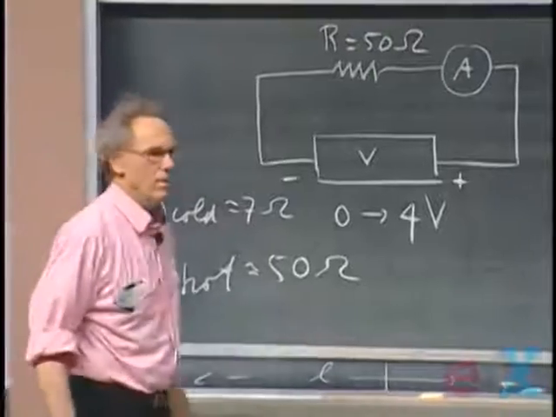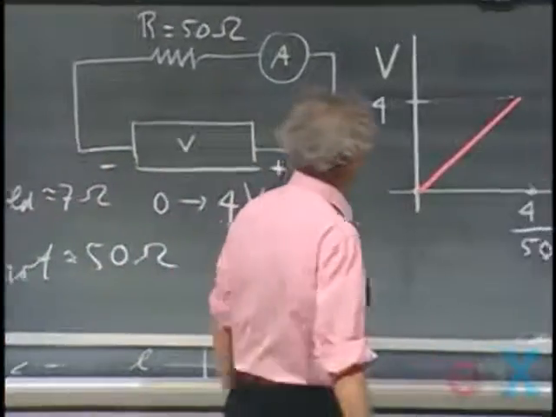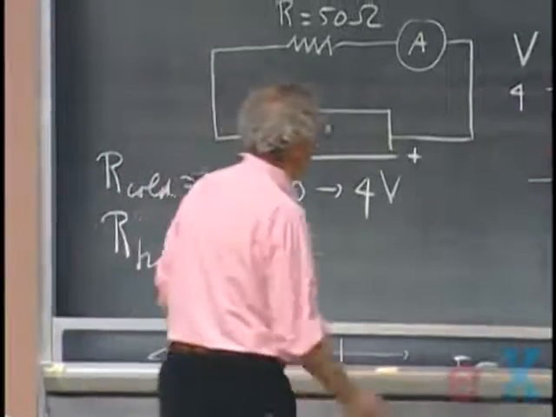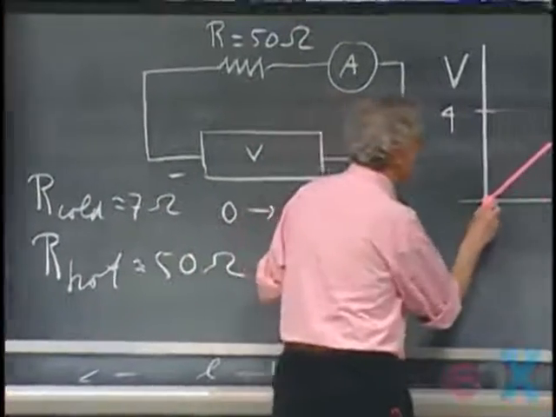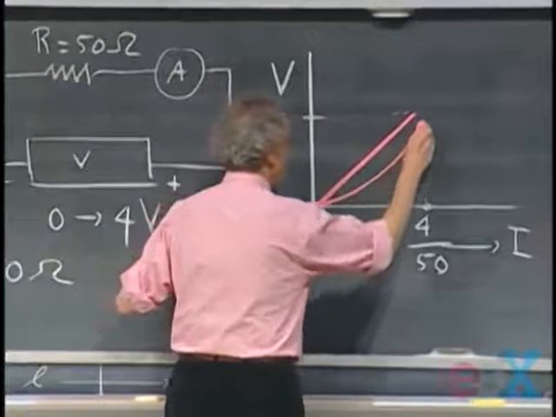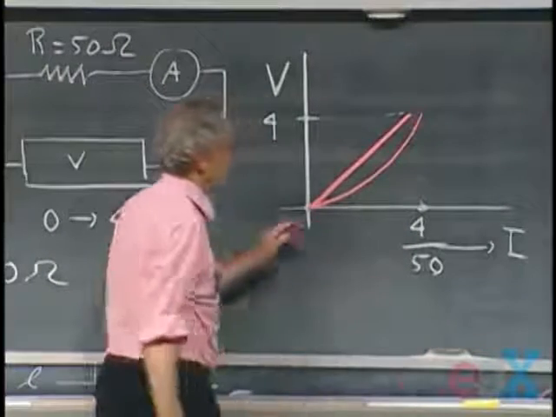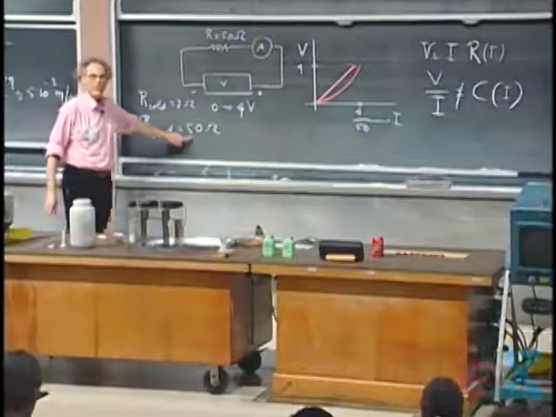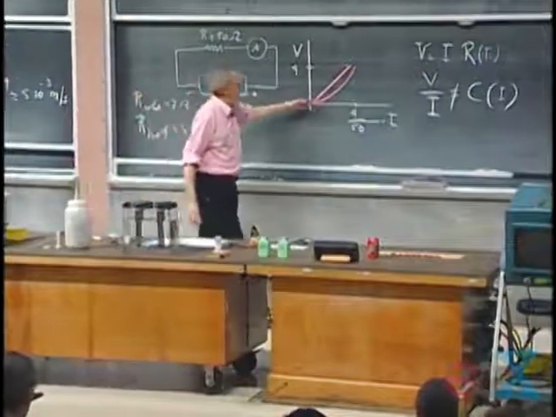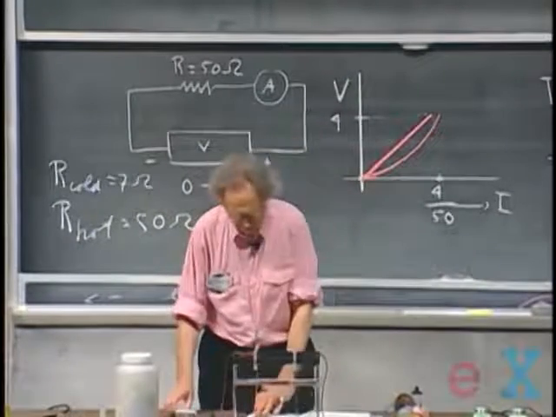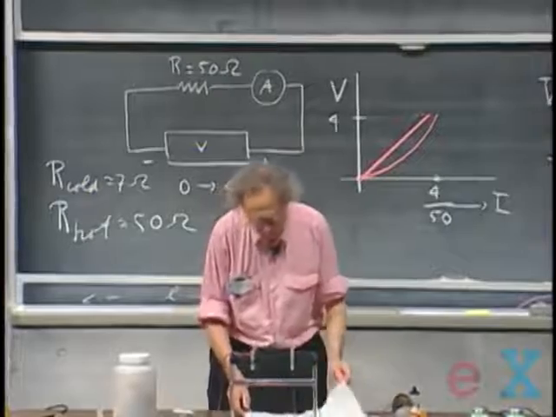I think it's a little lower. What do you expect now? Well, you expect that when the resistance is low in the beginning, you get this, and then when the resistance goes up, you're going to get this. I may end up a little higher current because I think the resistance is a little lower than 50 ohms. And if you see a curve like this, that's not linear anymore. So that's the end of Ohm's law.